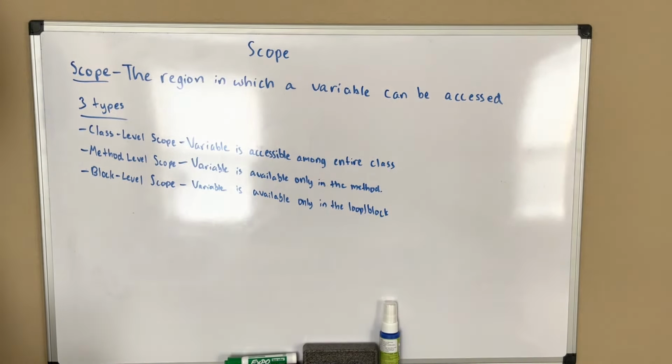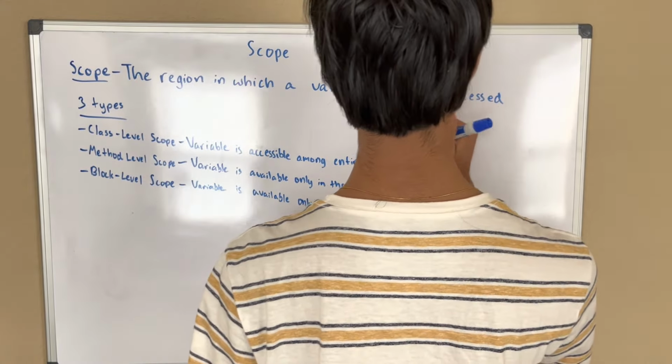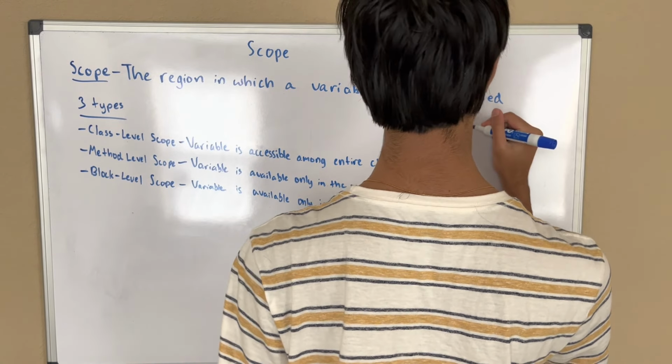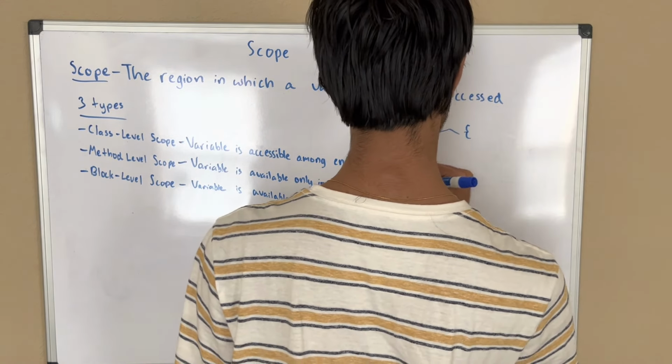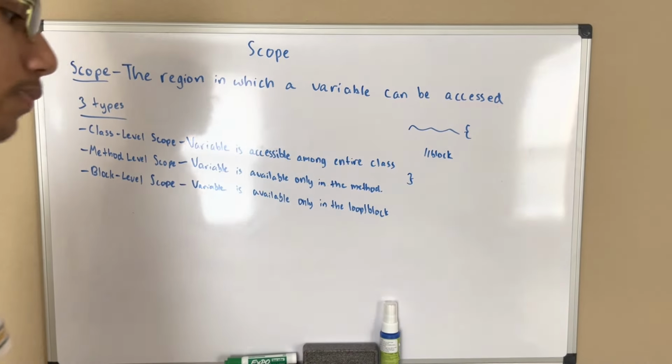Loop, block, people call them synonyms, but loop level scope isn't really specific because it's not only accessible in just a loop, it's accessible in the block. By block, I just mean the body after the curly brace. So this is your method signature, or your if statement or whatever. This is your block.